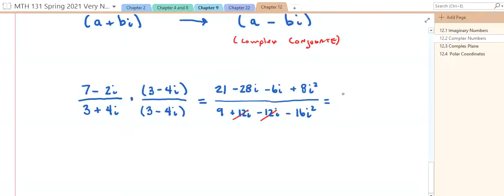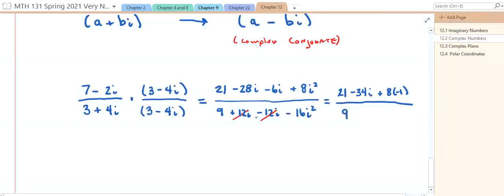So I can simplify these things. I have 21 minus 34i plus 8 times minus 1 up here. And I have 9 minus 16, and again, i squared turns into minus 1. So up in the numerator, we have 21 minus 8, because this is 8 times minus 1. 21 minus 8 is 13 as the real component, minus 34i.